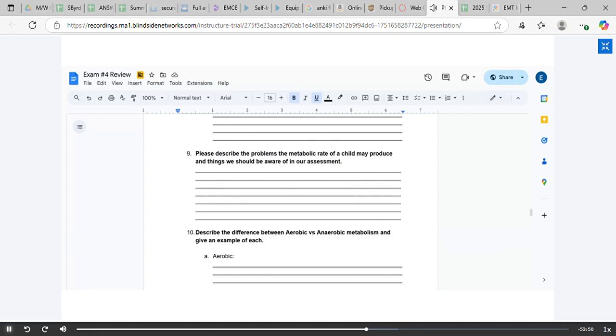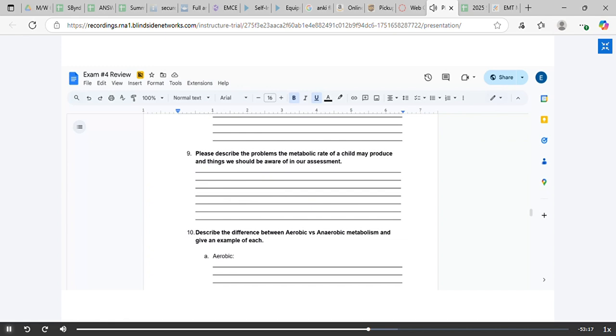So they have poor glucose stores, and a poor ability to stimulate the release of those stores. With the increase of metabolism, like I said, they use oxygen and glucose 2 to 3 times faster than adults, which also adds to the risk for hypoglycemia. Kids also have a higher oxygen demand. So just being aware of all that is very, very important.